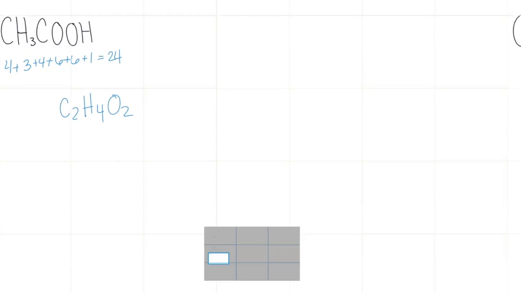And so some of you may be wondering, why is it written like that instead of I've got 2 carbons, 4 hydrogens, and 2 oxygens? Right? Well, what do you think this tells us that this doesn't? It gives us a hint towards the structure.